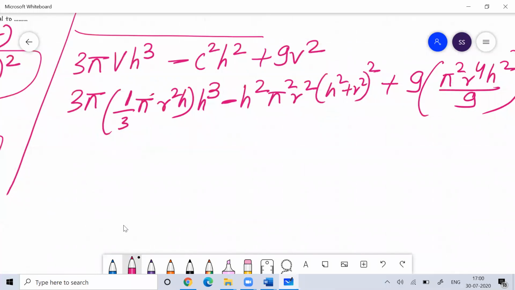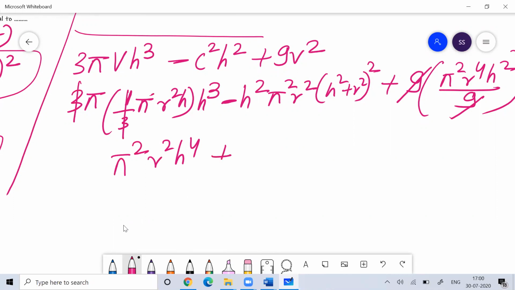So 3 gets cancelled. This is pi square r square h to the power 4. This gets cancelled.